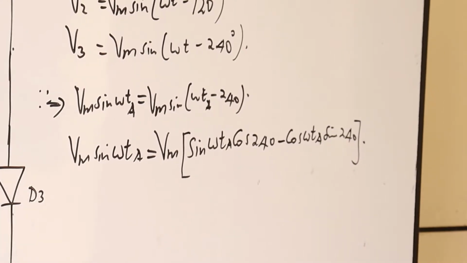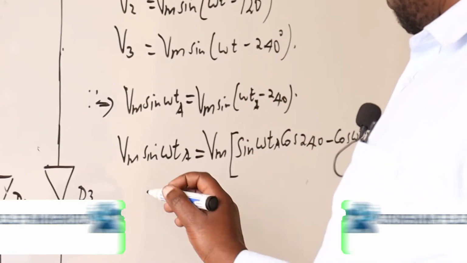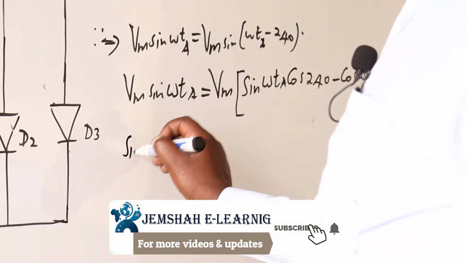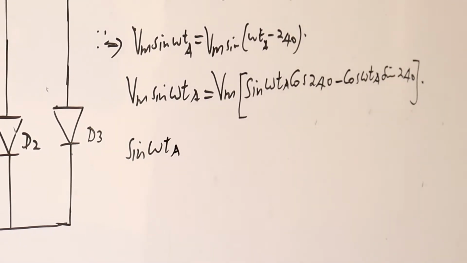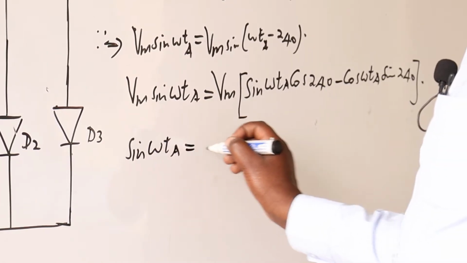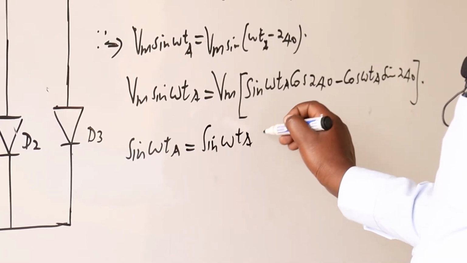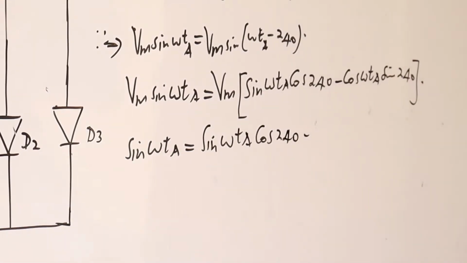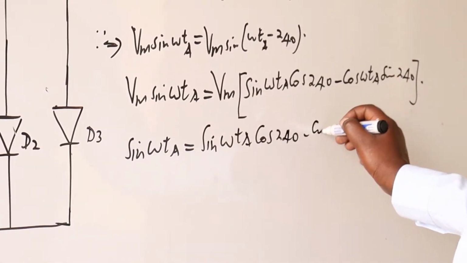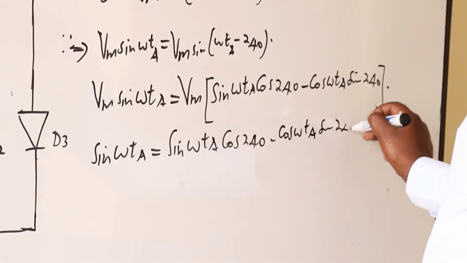So you can see Vm can cancel, so that we have sine omega t at A is equal to sine omega t at A cos 240 minus cos omega t at A sine 240.